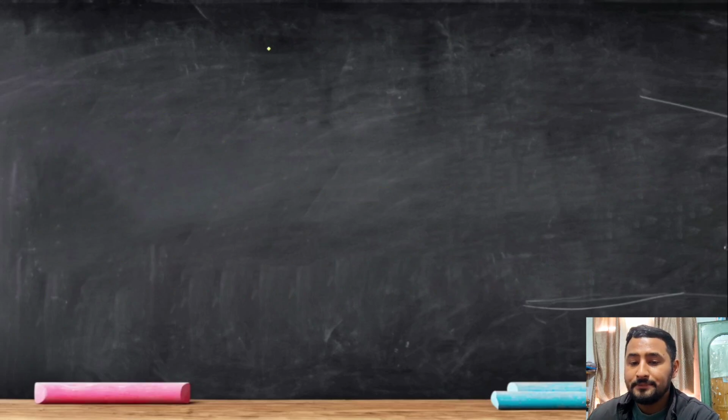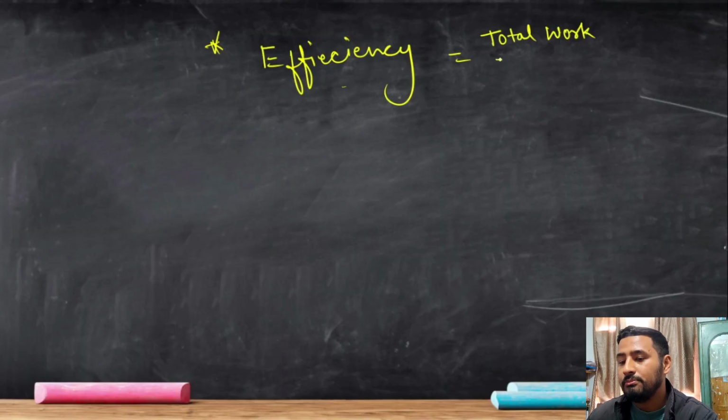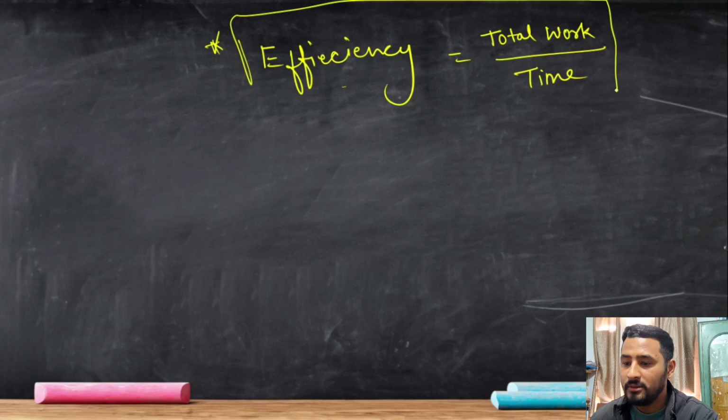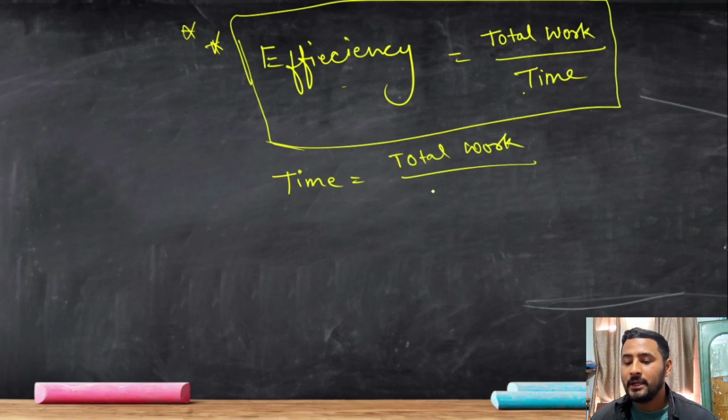First of all, you should remember efficiency. Whenever you have to find efficiency, you should use this formula: efficiency is equal to total work divided by the time. In the same way, if you have to find time, time will be total work by efficiency.